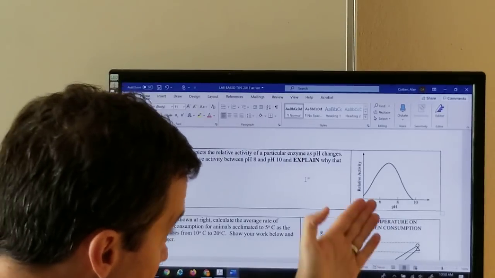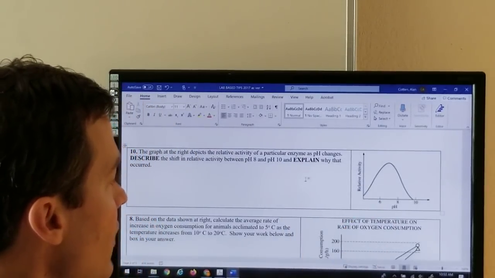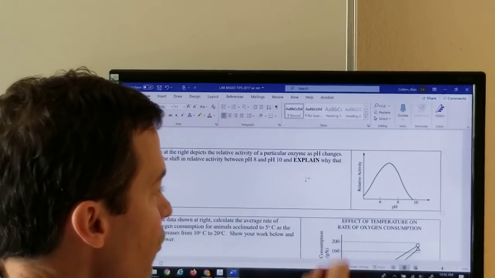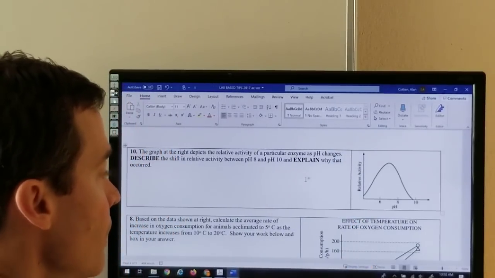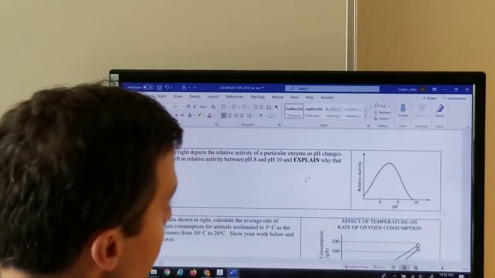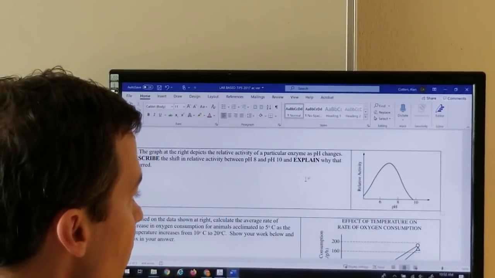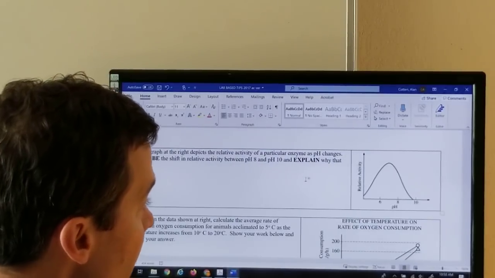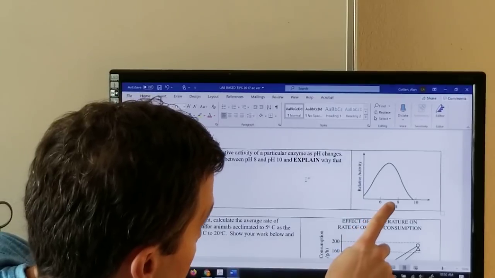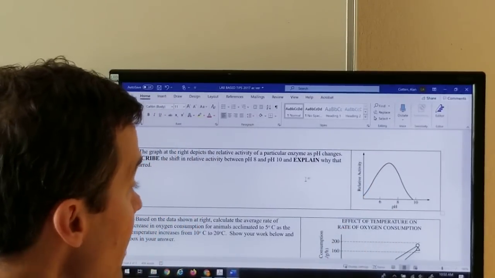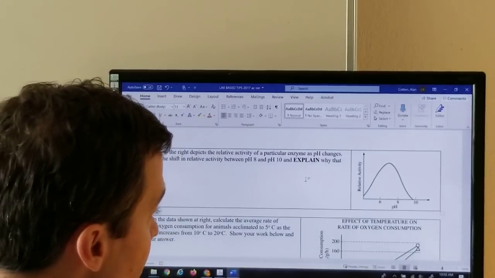So what I would say if I was describing this entire graph is I'd say from a pH of around 4, maybe 3.5, we'll call that 4. So at a pH 4, the relative activity is close to 0. It increases at a constant rate until a pH of 7.